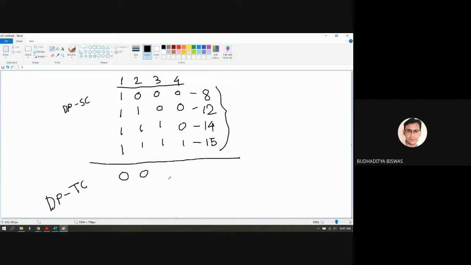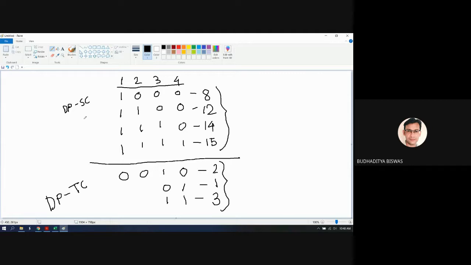So if these are 1, 0, then what is the value? Only 3 possible combinations are there: 1, 0, 0, 1 and 1, 1. So this one is equal to 2, this one equal to 1, this one equal to 3. So you see that here the load demand is varying within a limited range. So in this time, we actually use the DPTC, and in this range, we are using the DPSC.